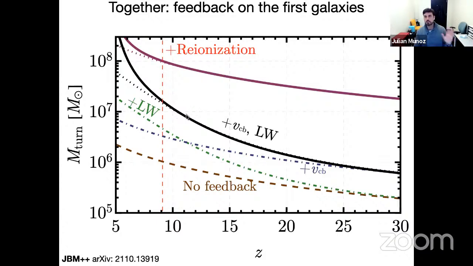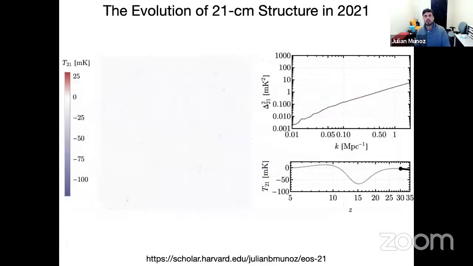And again, we take a simple model where there's Pop III stars, Pop II, each of them has their own parameters that we can vary. And we go and predict the 21 centimeter signal to try to learn from the signal about the galaxies. I'm going to show you an animation of what our evolution of the 21 centimeter structure looks like.